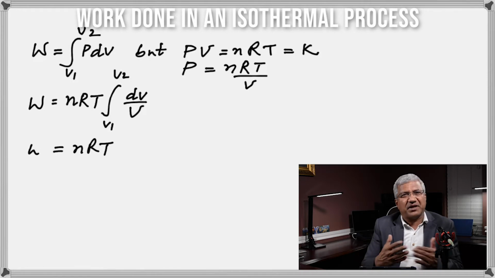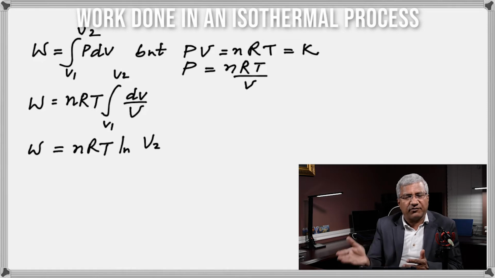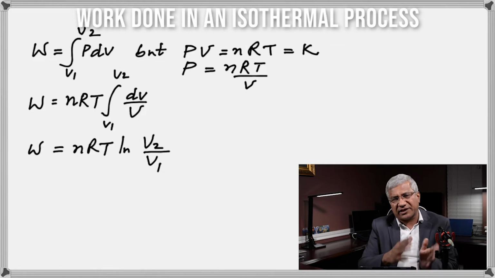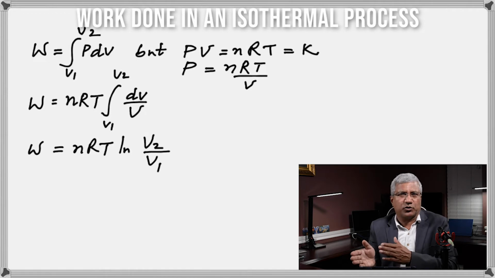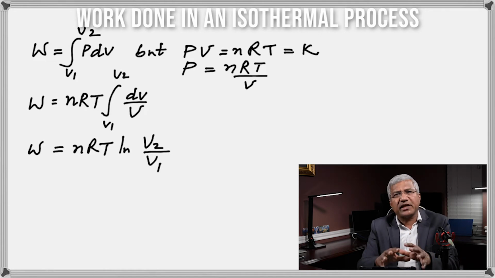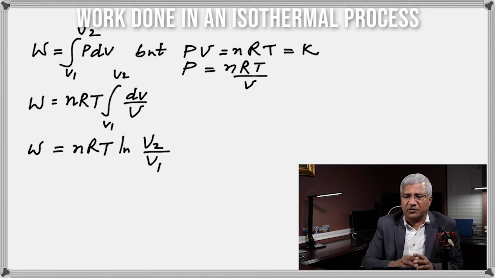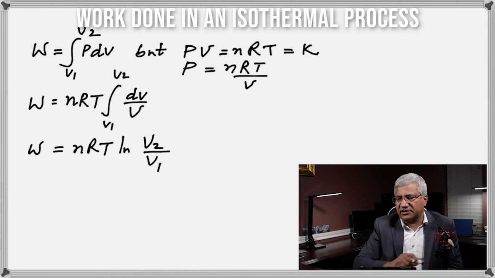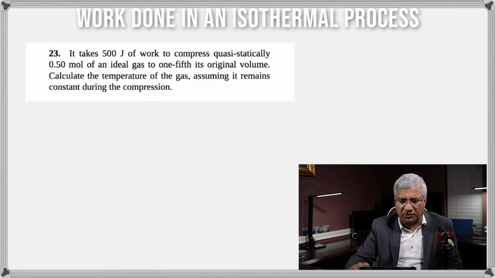The integral of 1 by x dx is natural log of x. So that will be natural log of the volume. Then when you substitute the upper limit minus the lower limit, you get ln V2 minus ln V1, which is the same as ln(V2 by V1). Therefore, we get the formula for work done in an isothermal process as nRT ln(V2 by V1). That is the formula for work done during an isothermal process.